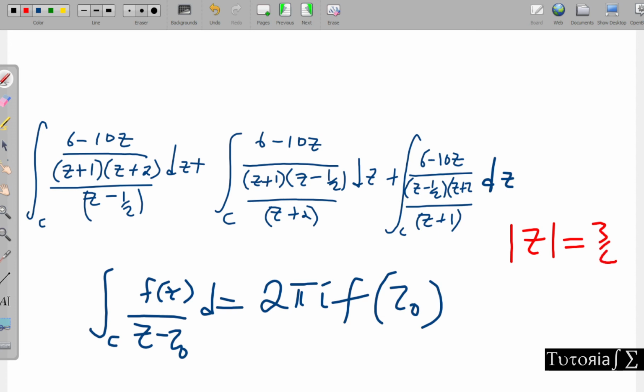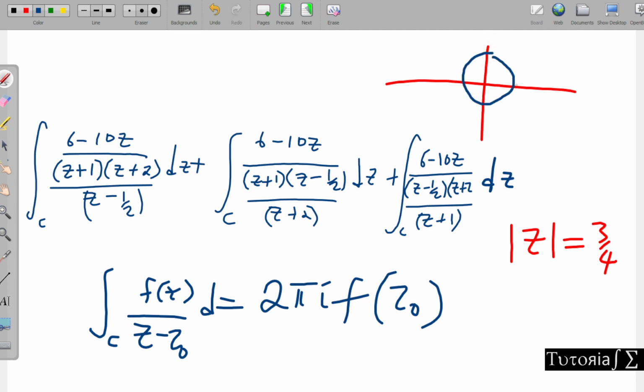3 over 4. Now when we look at this and that, which one is inside this region of integration? If I were to give a simple sketch, it would be centered at 0, 0.